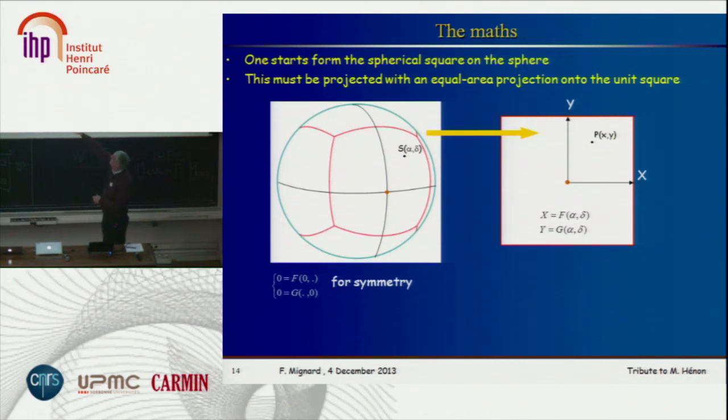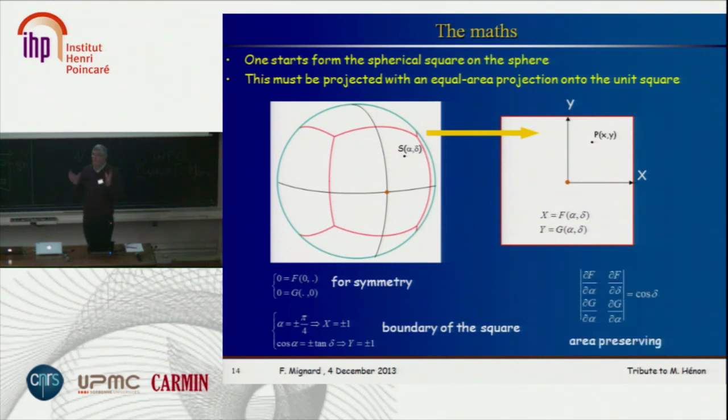First, essentially, we would like the red line to be the image of the red line on the right, horizontal and vertical, exactly, so that we can, after that, reproduce the same plotting on the 5 other faces. The boundary is a square, and then area preserving.